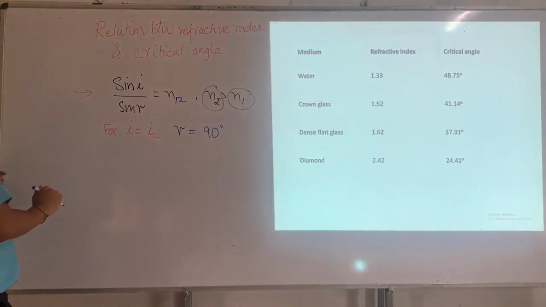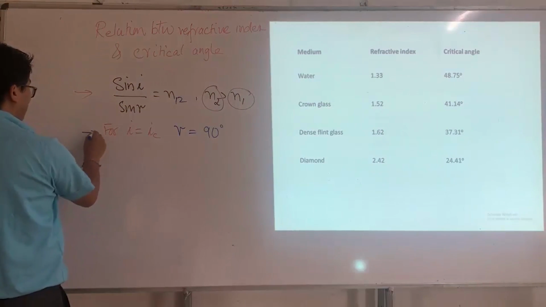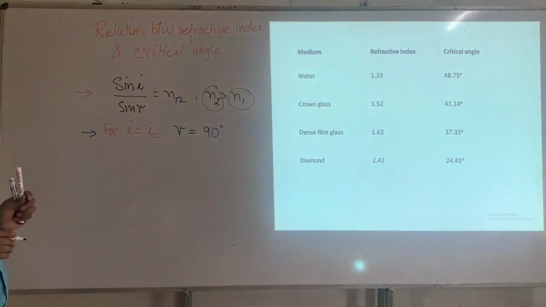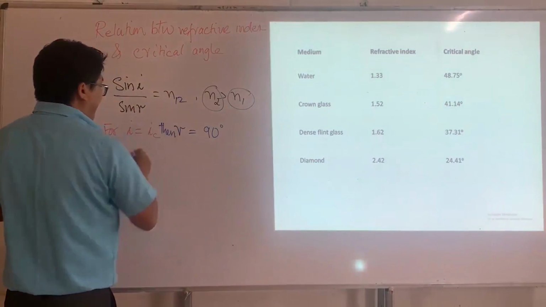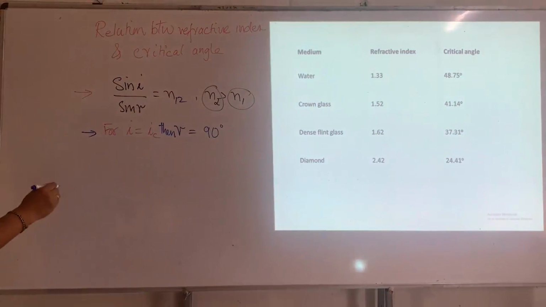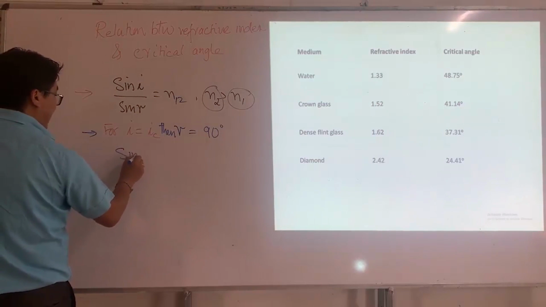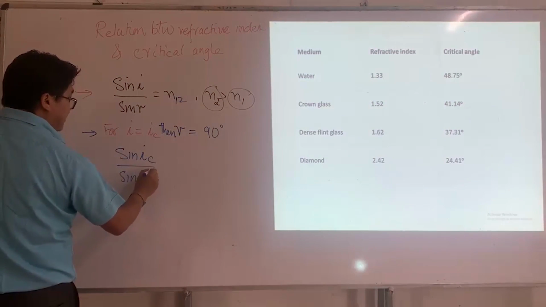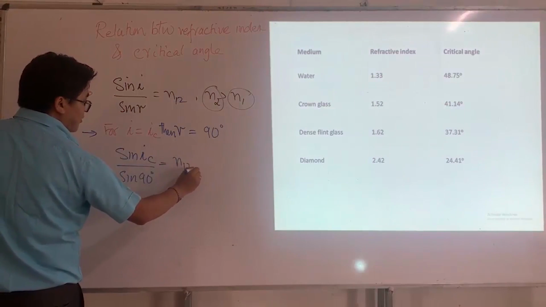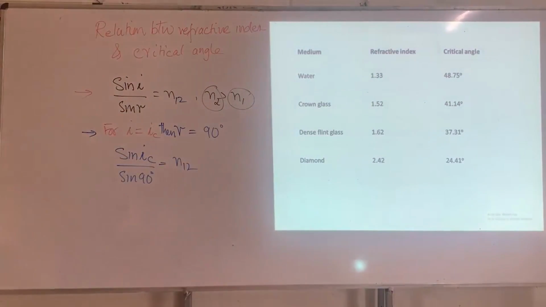The second condition is that i should be equal to ic, then r is equal to 90 degrees. So I write here sine ic over sine 90 degrees, and this is equal to n12.